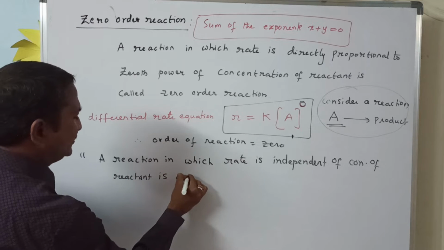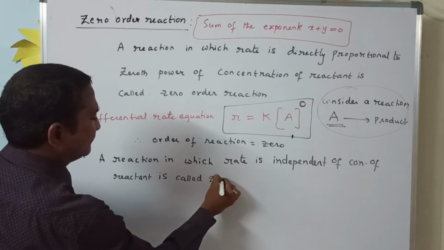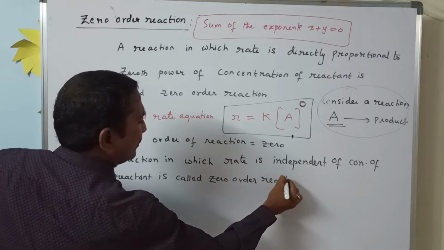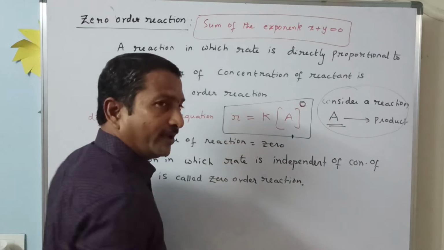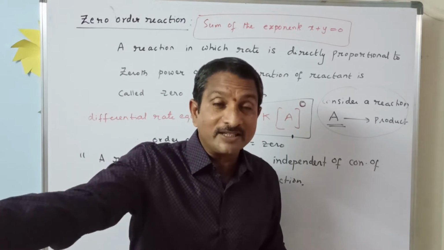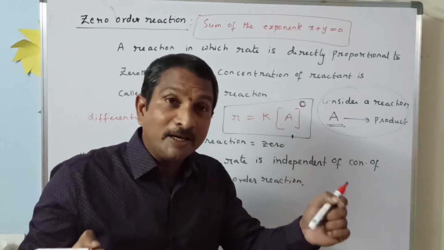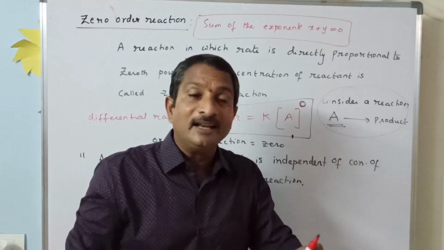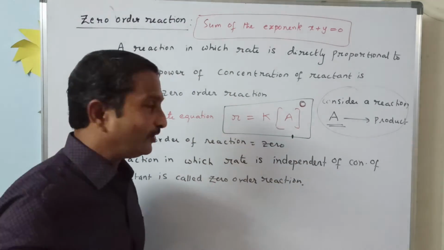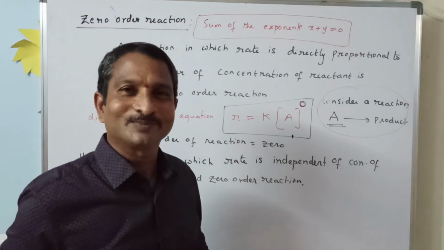That is called zero order reaction. How can we find whether this reaction is zero order or that reaction is first order? If rate is independent of concentration of reactant, then the reaction is known as a zero order reaction.